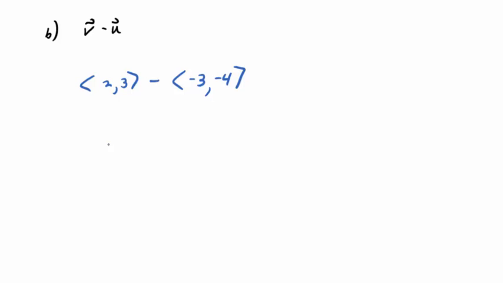So what does this become if you want to write it using addition and in component form before you combine it? It'd be plus what? Well, you could think of it like this: plus a scalar of -1 times that vector, -3, -4, right?